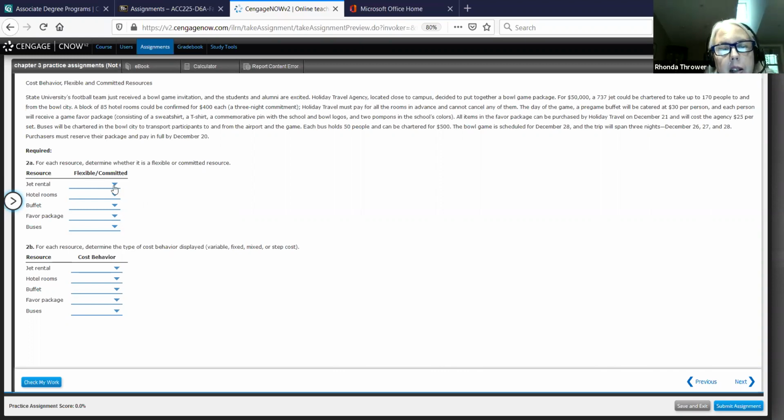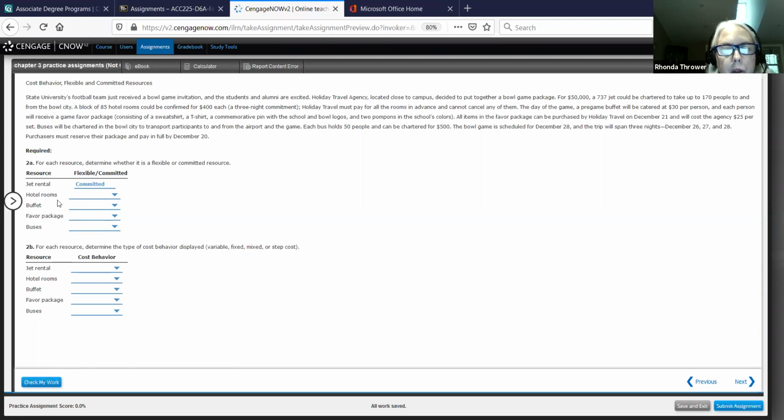It's a committed expense, and therefore it could be used totally or part of it could be unused, but it is committed. It is a committed type of resource.